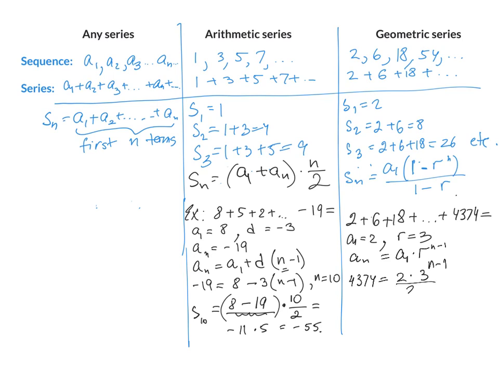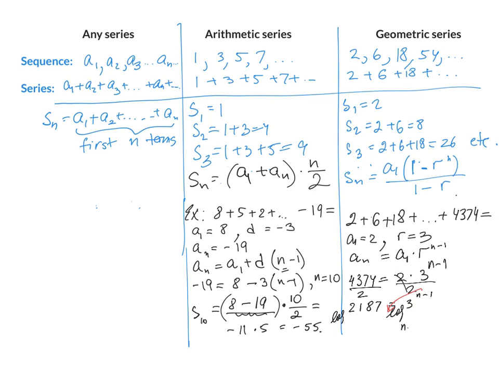So we need to solve it as an equation. Divide both sides by 2. Wait, so this becomes 2187. And now, again, either you want to do trial and error, or you can use logs. Take the log of each side. Then, using the power rule, this n minus 1 comes down.